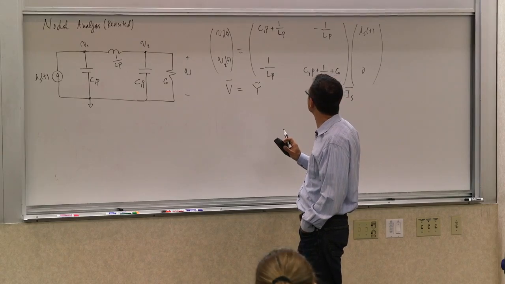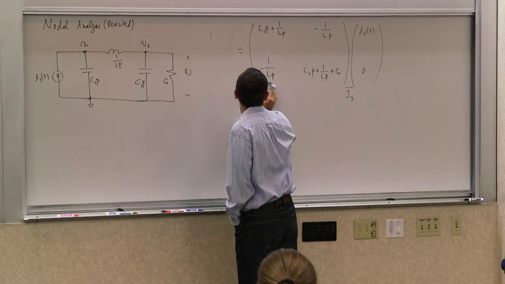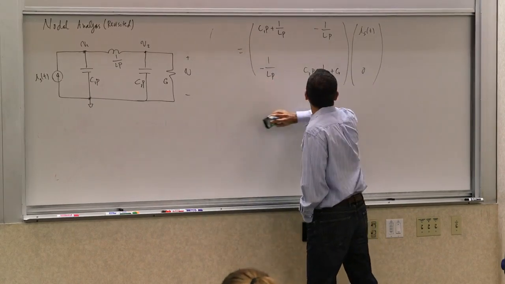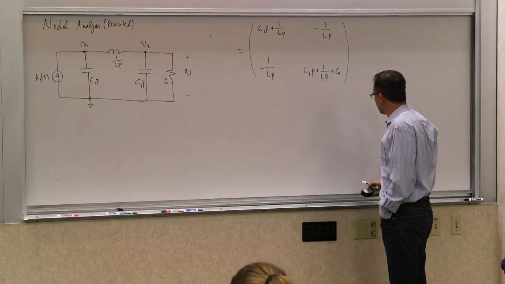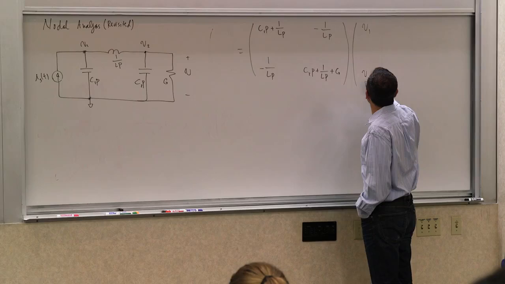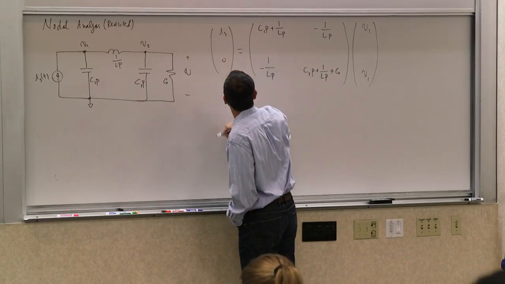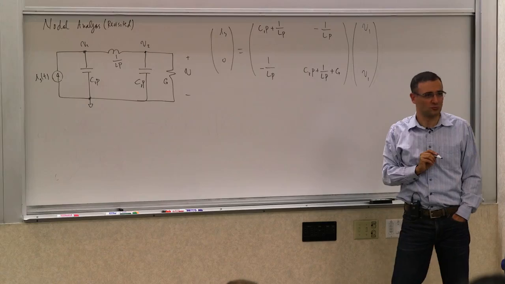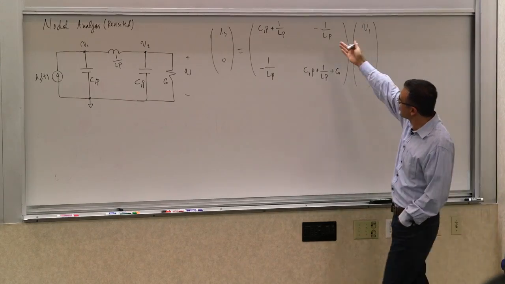No, wait a second. I made a total mess here. Okay, so this is obviously applied to my matrix V1 and V2 to produce IS and 0. Yes, so obviously this is applied to the voltages to produce the currents.